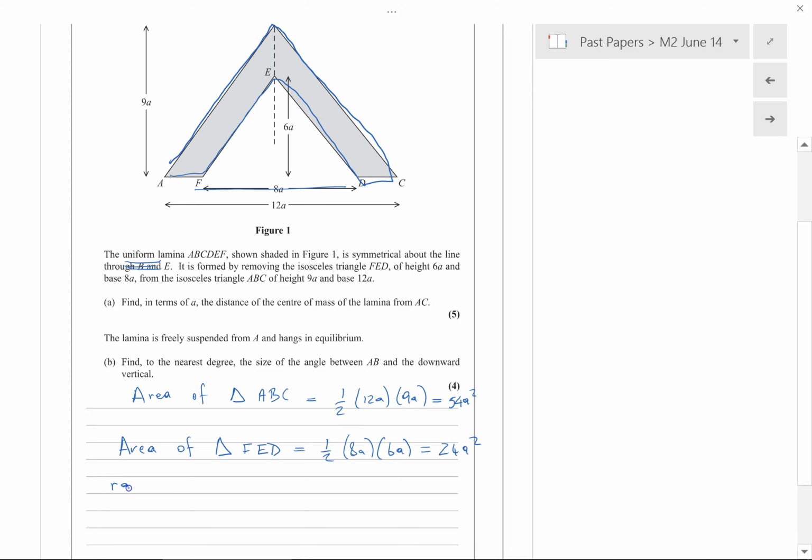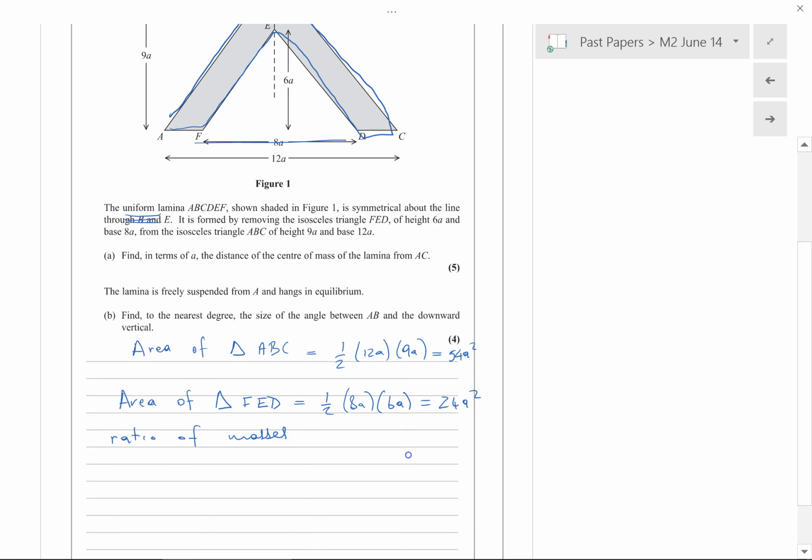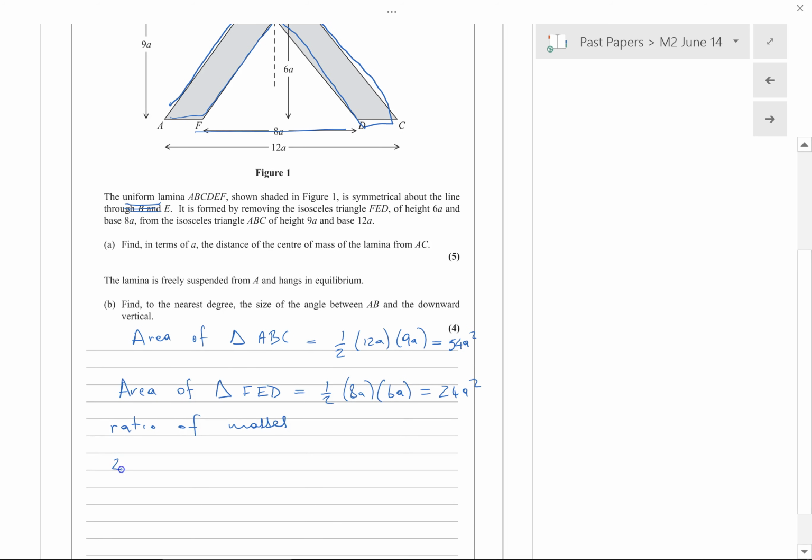So the ratio of masses is 24a squared, and the difference of the 54 and the other, the 24a squared is 30a squared, and the composite shape 54a squared. Well, the actual unknown is this one, but we'll deal with that.